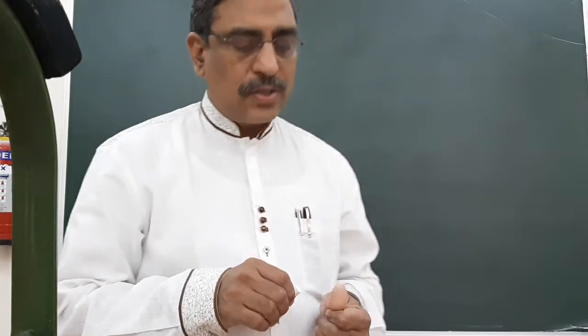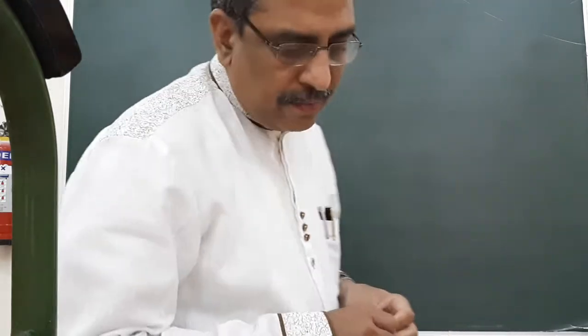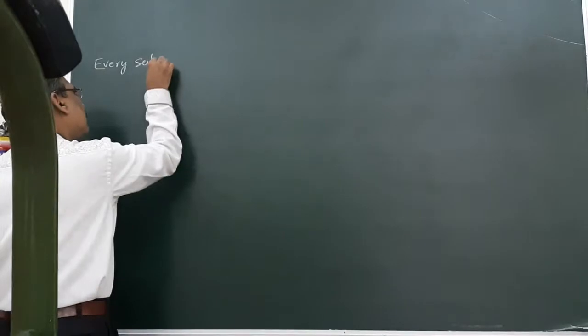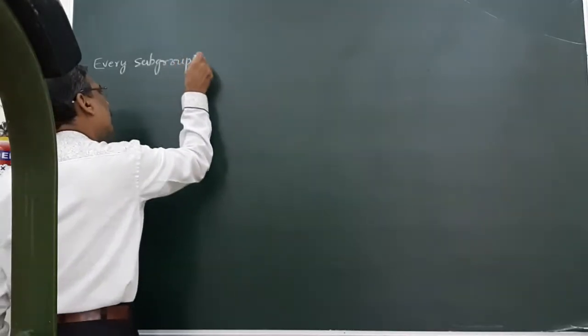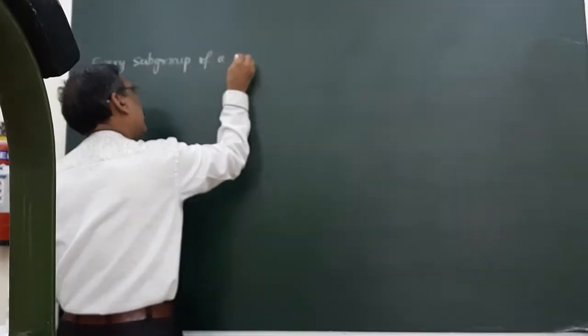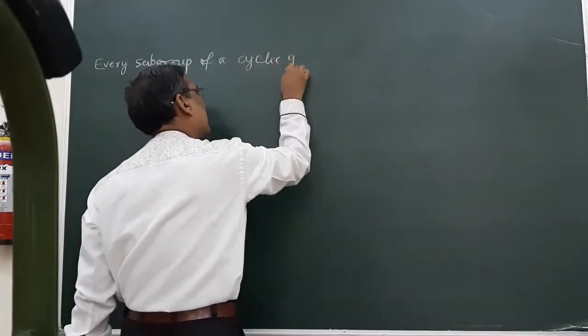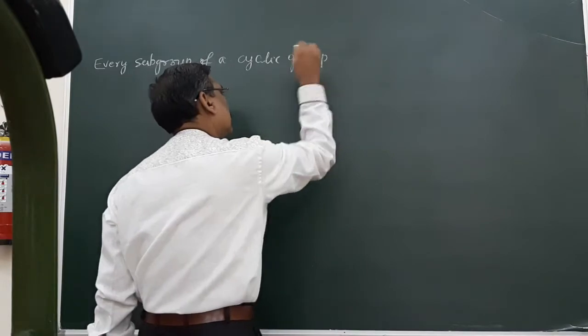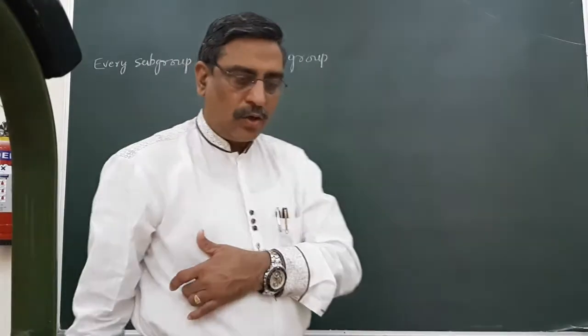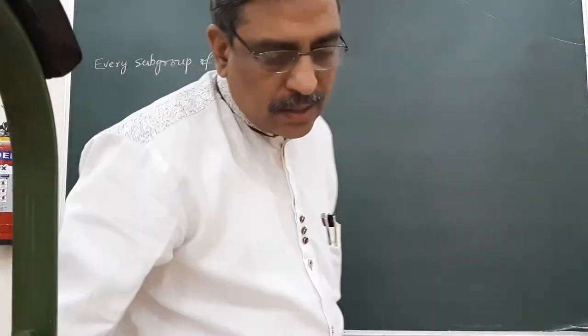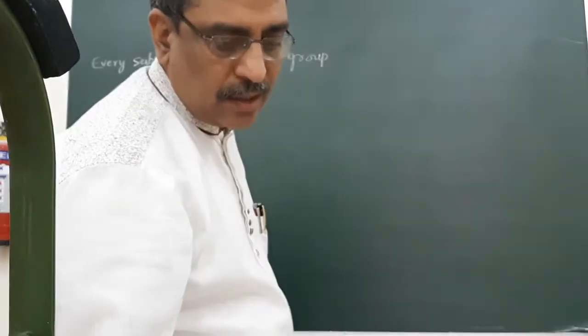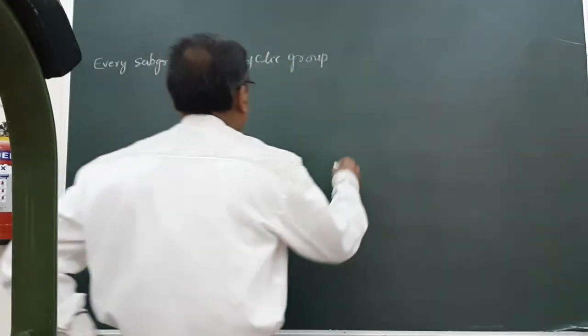First theorem is: every subgroup of a cyclic group is cyclic.